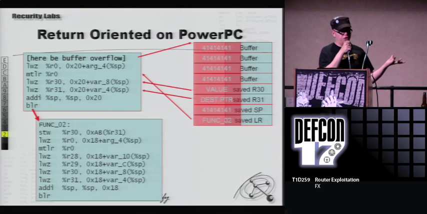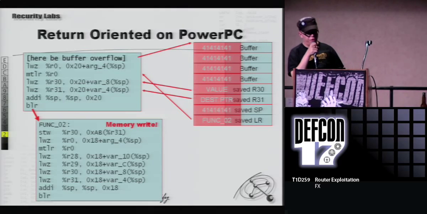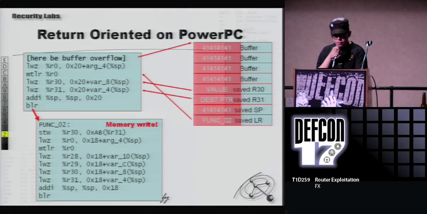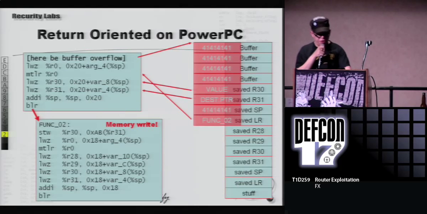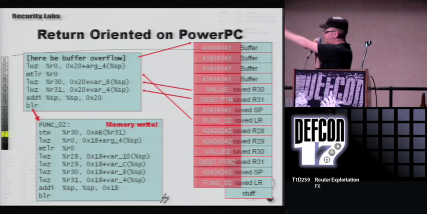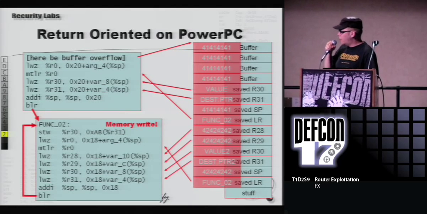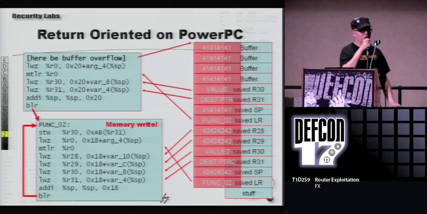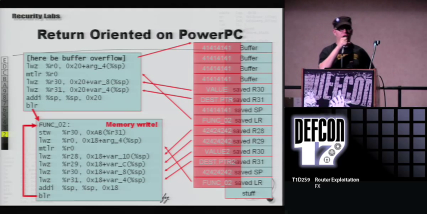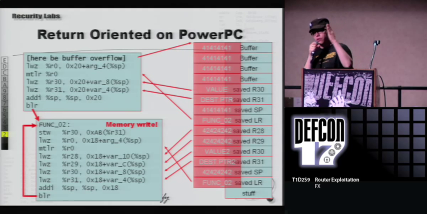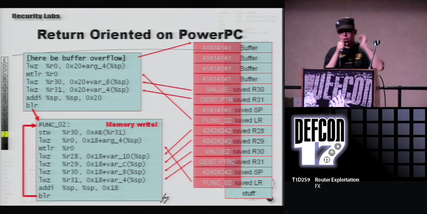So you're already controlling R30 and R31, and now you get an arbitrary memory write, which is good. And then you can keep continuing doing that. So you fill the rest of the stack with the next stuff, which gets restored into the registers. And then you return again to this function. This way you can actually write arbitrary values to known addresses in address space.